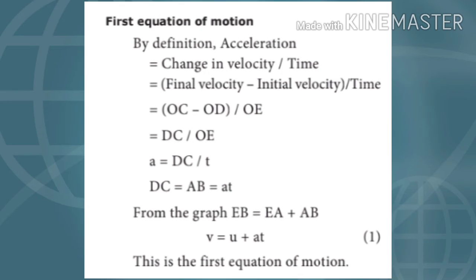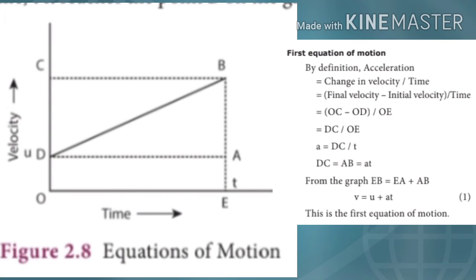Look into the first equation of motion. By definition, acceleration is equal to change in velocity by time, which is equal to final velocity minus initial velocity by time. So final velocity is OC here minus initial velocity OD divided by time OE, which is equal to DC by OE.